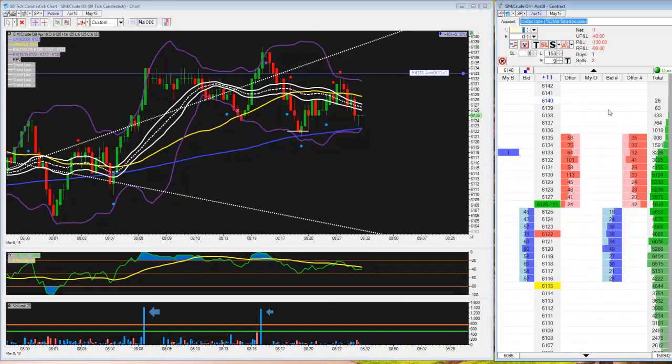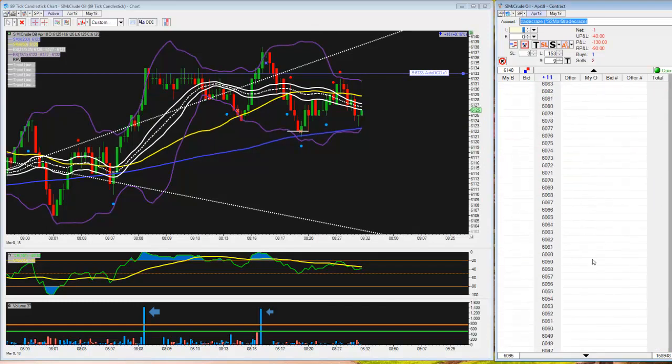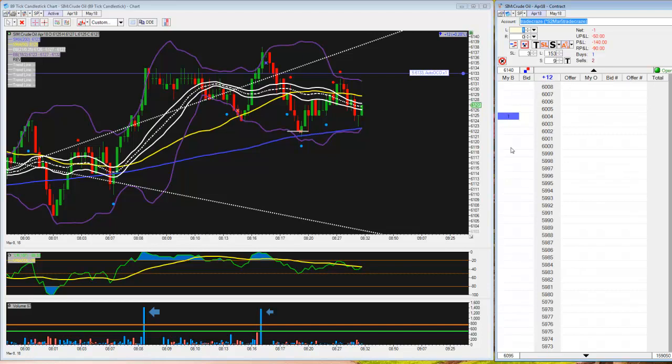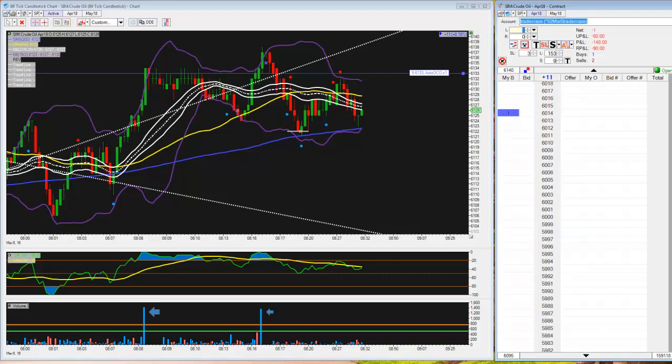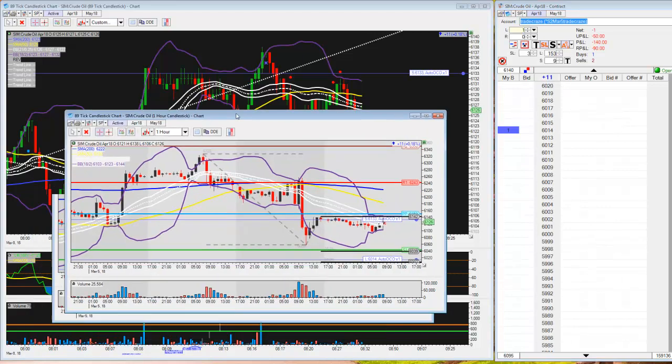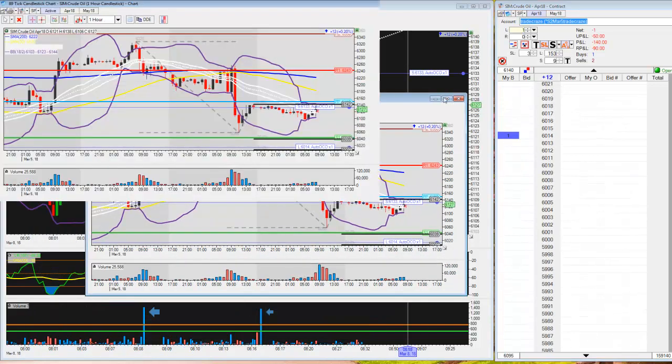Alright, so 6014 once again is the first signal. That's your GAN signal. Let's look at this extension once again to see what it says.